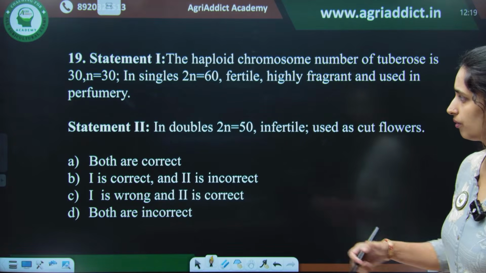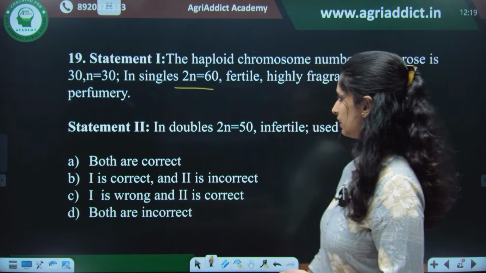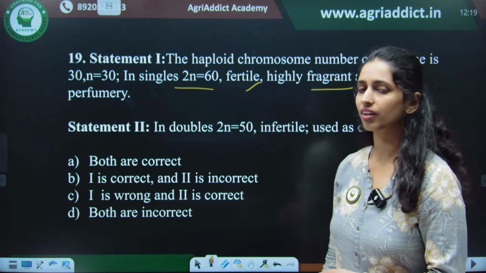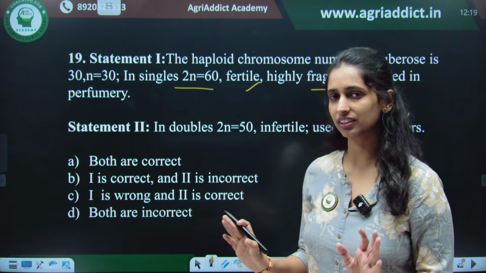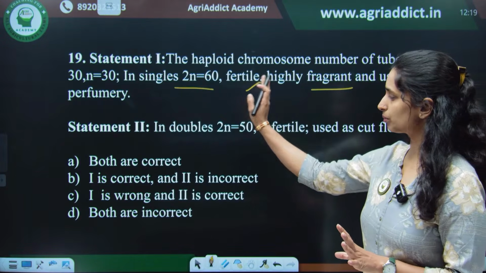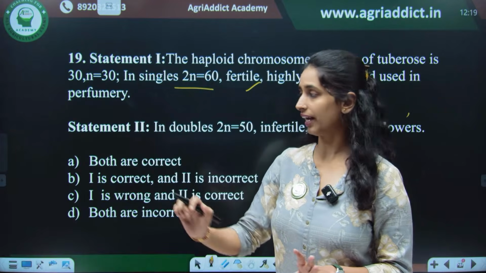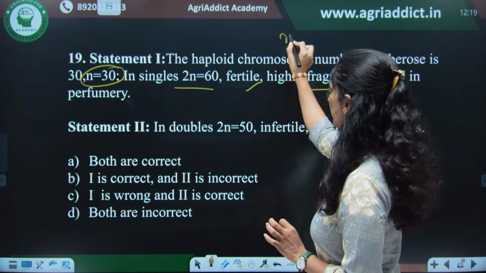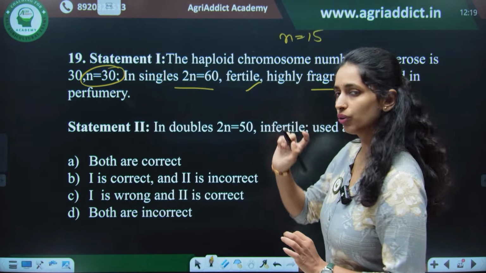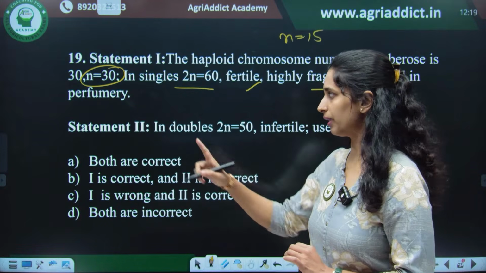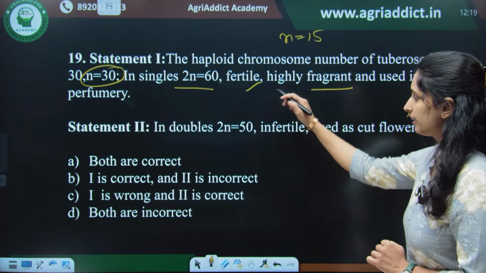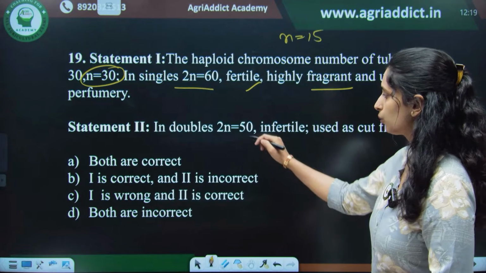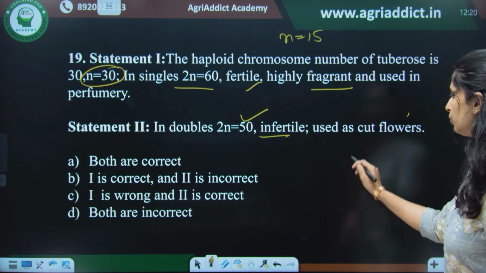In singles, 2n is equal to 60, which are fertile, highly fragrant and used in perfumery. बड़ा स्टेटमेंट है लेकिन कुछ इतना सा नहीं है. जस्ट दे आर टेलिंग ट्यूबरोज का बेसिक क्रोमोसोम नंबर है n is equal to 30. ये याद रखना है आपको. इन ऑप्शन देर में भी n is equal to 15 ऑल्सो. डोंट गेट कंफ्यूज्ड. ट्यूबरोज का बेसिक क्रोमोसोम नंबर ही 30 है और फर्टाइल है and highly fragrant and used in perfumery. Statement 2, doubles 2n is equal to 50, infertile, used as a cut flowers.